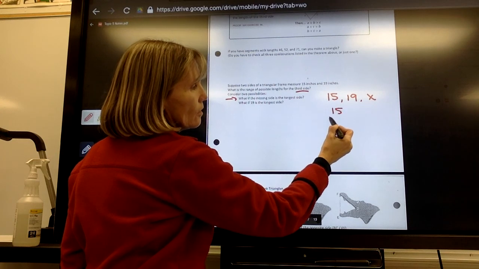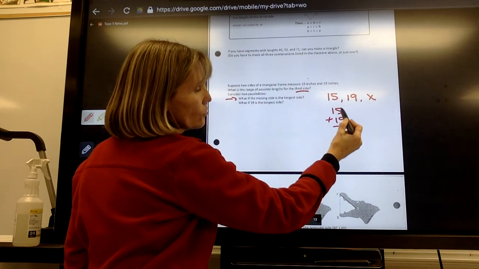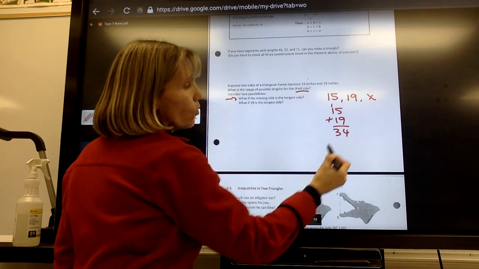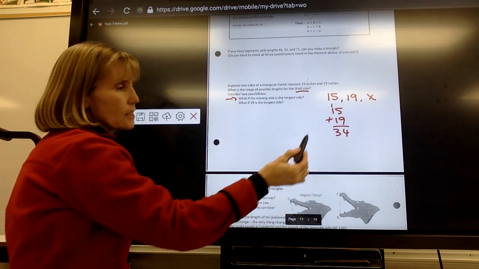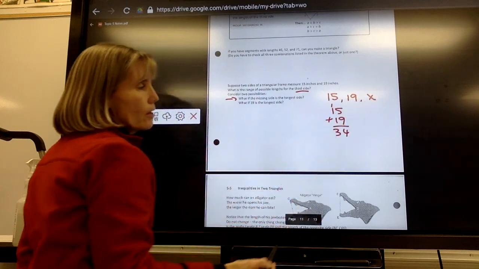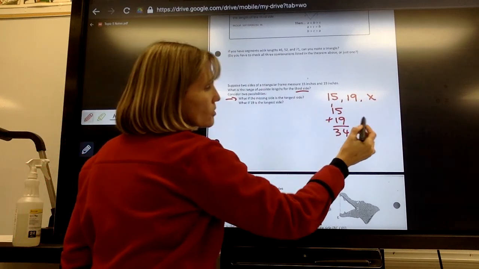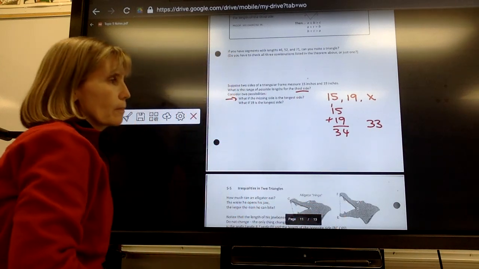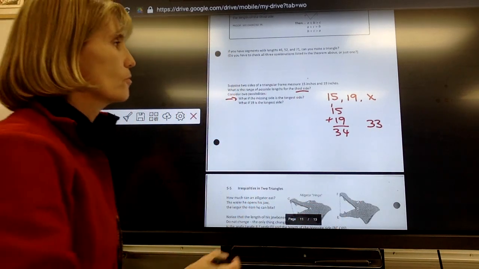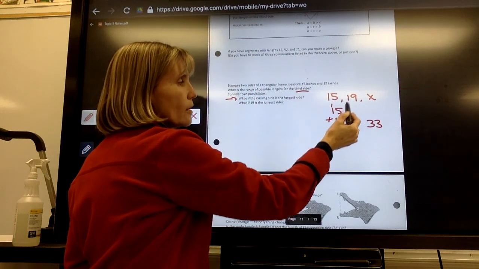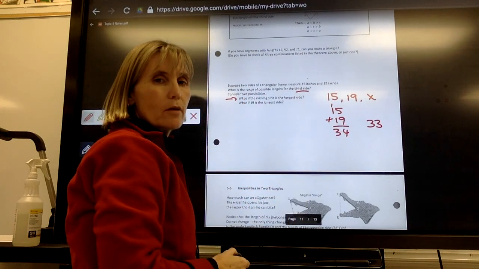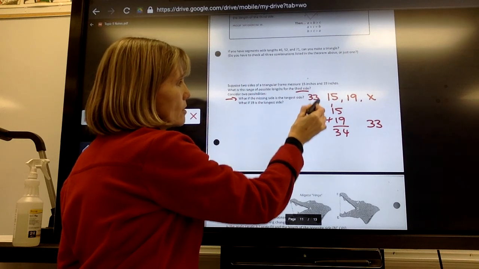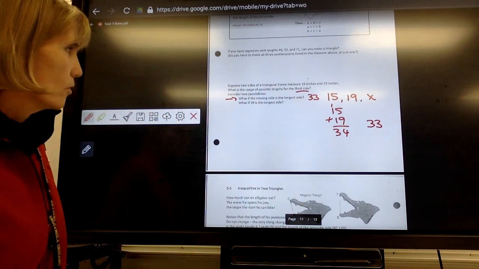So 15 plus 19 equals 34 altogether. This sum has to be greater than the third side. So that third side cannot be longer than 33, otherwise these two short sides wouldn't be greater than it. We wouldn't be able to make a triangle. So 33 if it were the longest side.